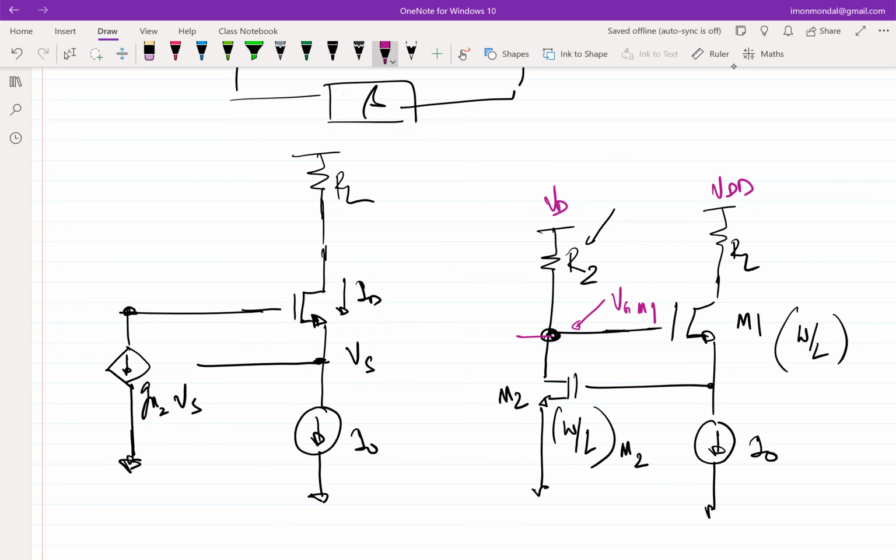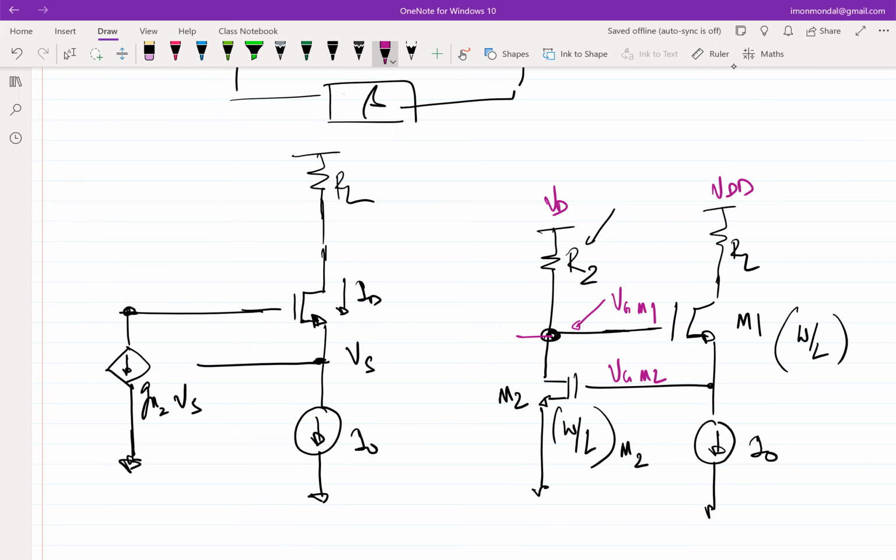Which in turn will set up the voltage at the gate of M2, right? Which in turn will set the current on the M2 stack, and then you basically use the same current equations to figure out if there is a limit on R2 or a constraint on W by L of M2.